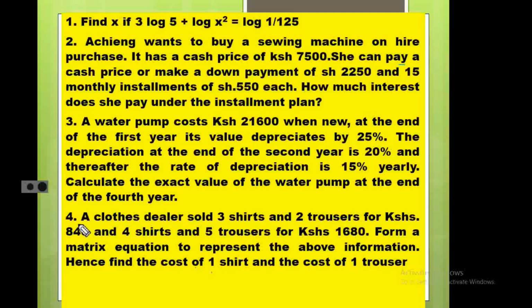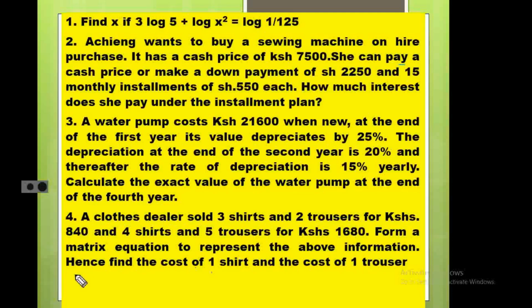Then number 4, there we go. A cloth dealer sold 3 shirts and 2 trousers for 840 Kenyan shillings and 4 shirts and 5 trousers for 1,680 Kenyan shillings. Form a matrix equation to represent the above information.